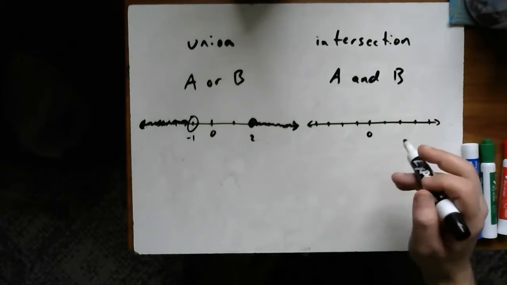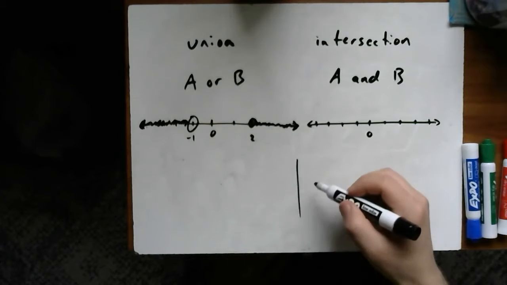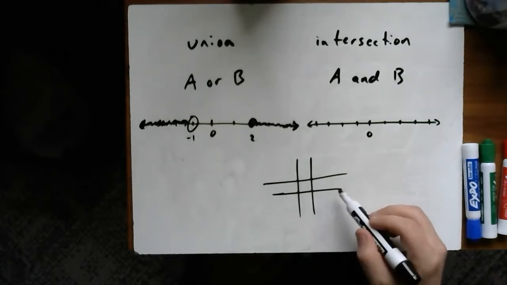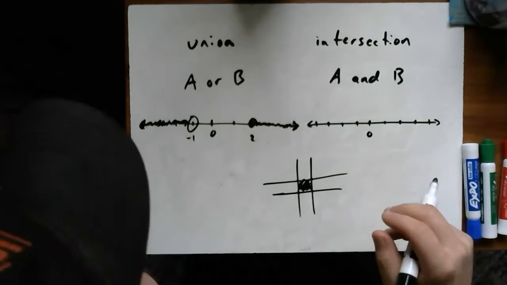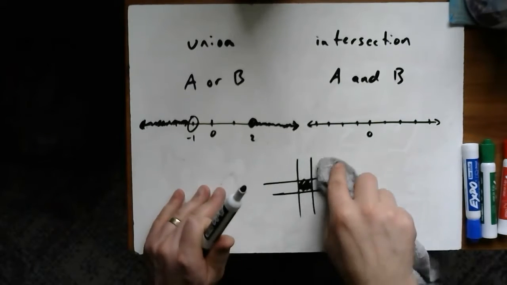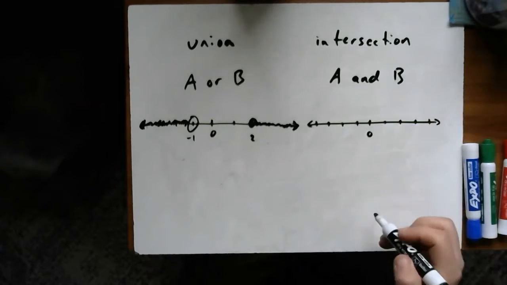The intersection is what they share together. If I think of the intersection of two roads, here's one road, here's another road. The intersection is everything that they share, they have in common. That's what we refer to as the intersection. So the same on this graph, the intersection here is A and B together.